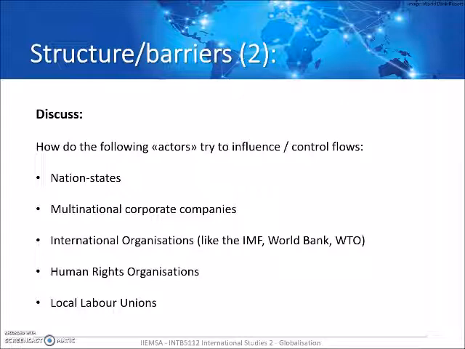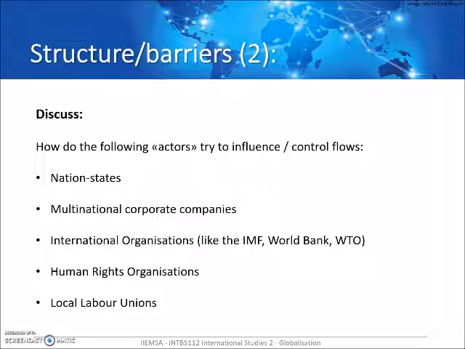So multinationals rather benefit from very free flows of people, money, and goods, and will try to achieve a reduction of barriers. You can already see there's a conflict between the interests of nation states and multinationals, because there will be areas where a nation state wants to control flows where the multinational corporation doesn't want to.